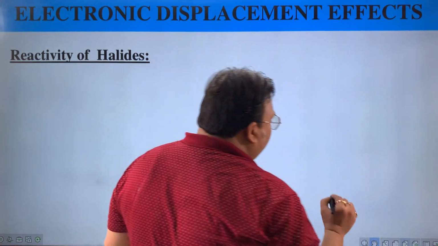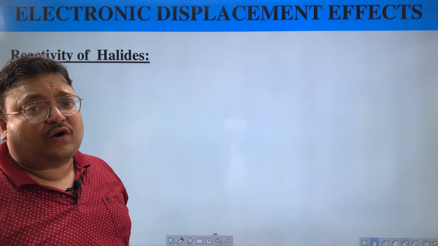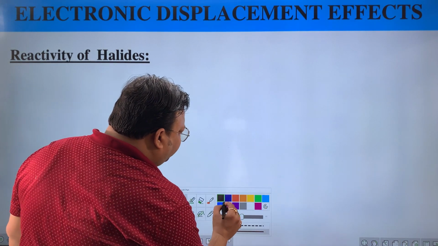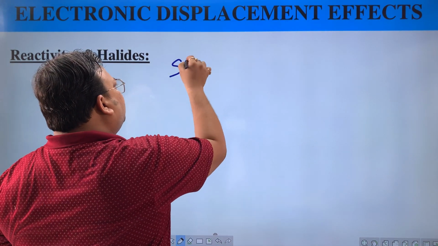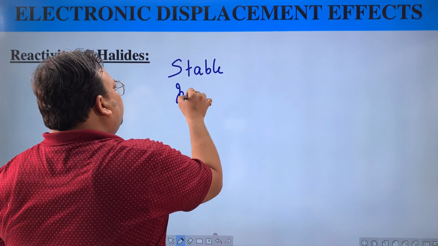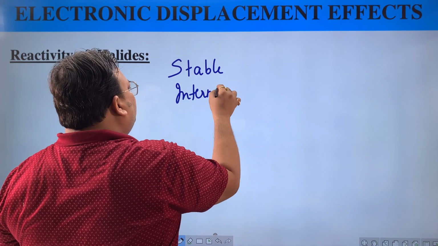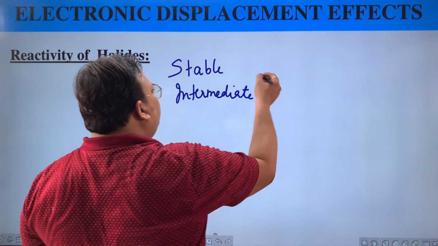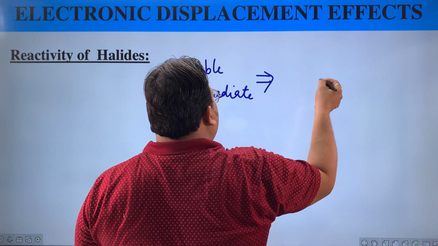Why do we talk so much about stability of carbocation or stability of any intermediate? There is a rule: if the intermediate is more stable, this would reflect in the reactivity of the compound.